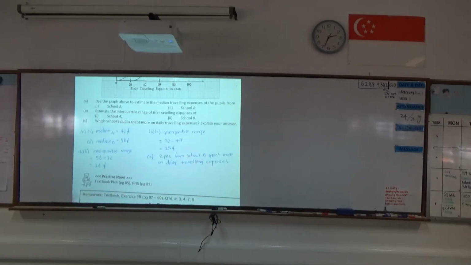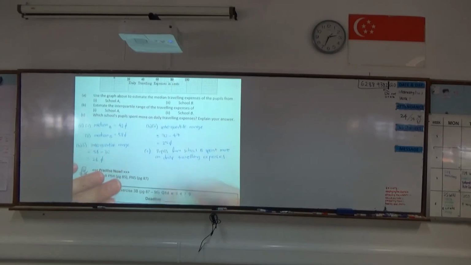To explain, we will say that it is because the median of school B is higher than that of school A.